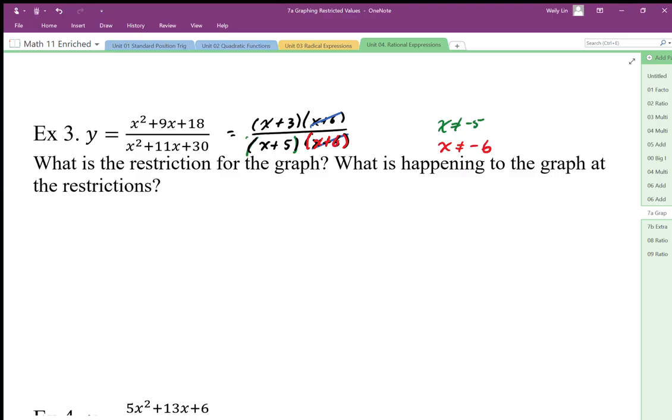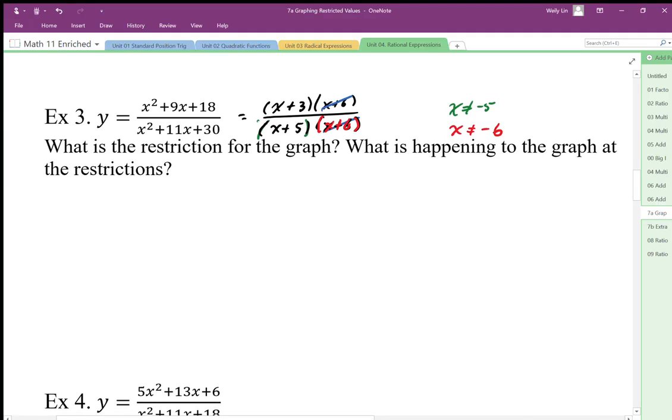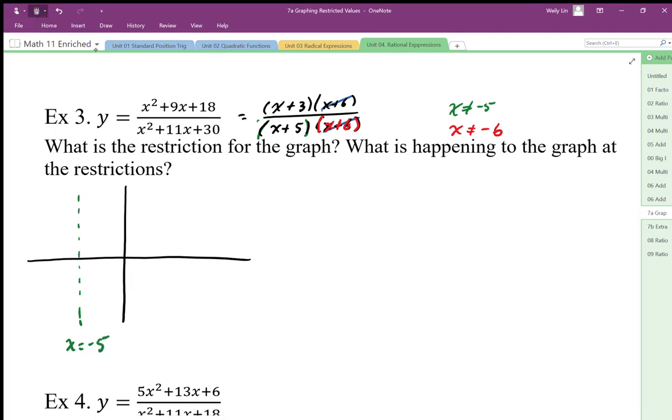Okay, when I graph this, at x plus 5 at -5, we are getting what we kind of expected: a vertical asymptote, x equals -5. And we end up with this graph. It looks like we have a 0 at -3, so it kind of goes down like this.